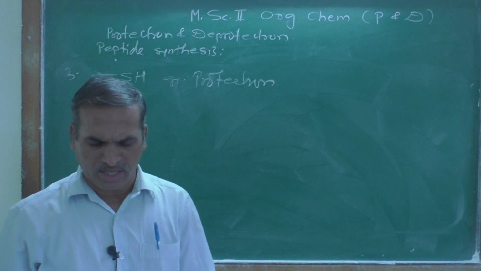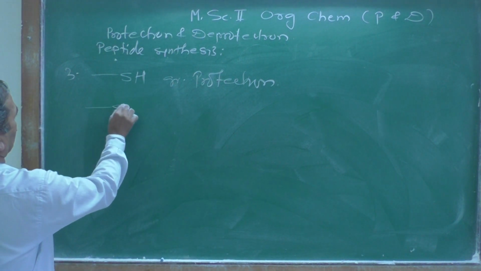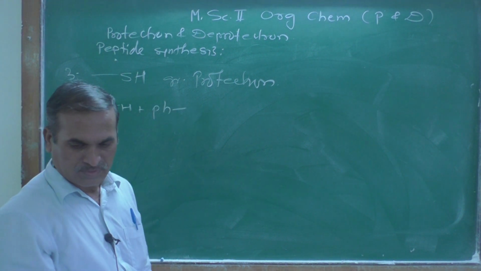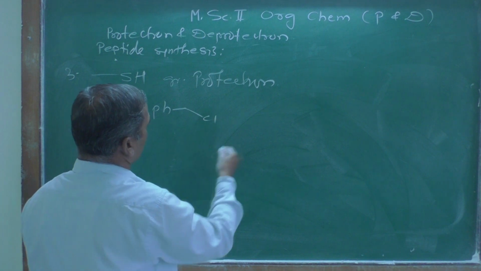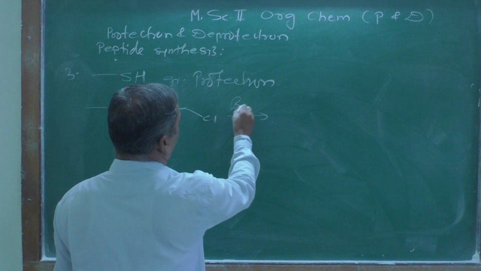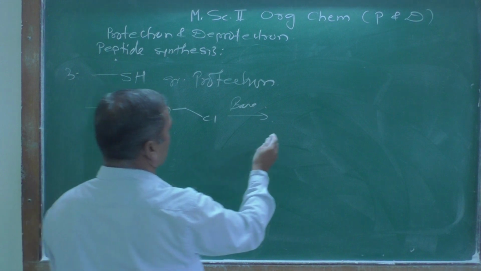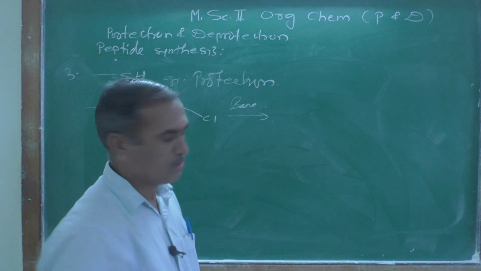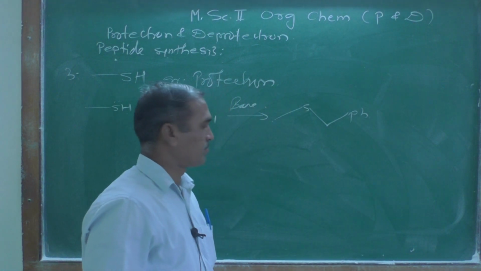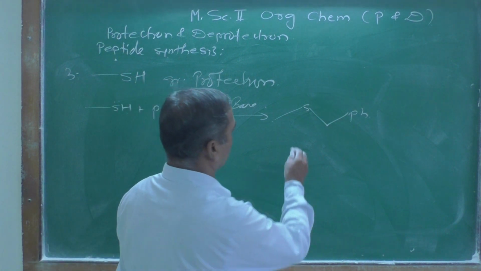As we know, generally the SH is treated with PhCH2Cl, benzyl chloride, in the presence of base. The base will abstract the proton and the thiolate is going to attack, and you will get S, then CH2 and Ph. In this way the thiol gets protected. This is known as a thioester.